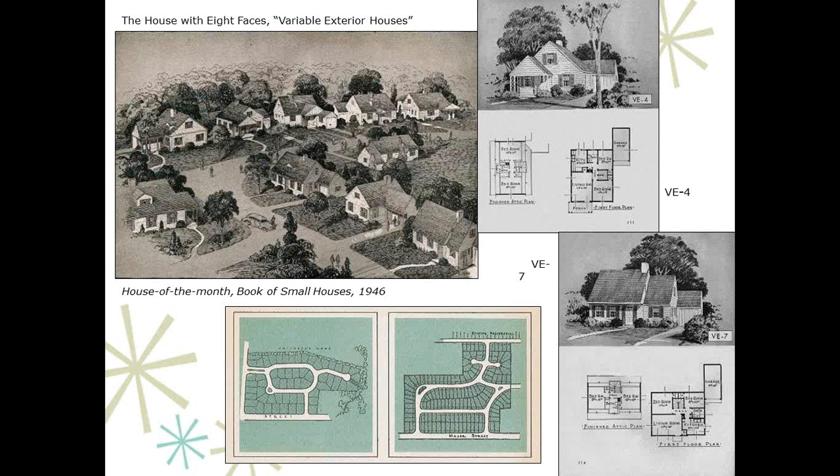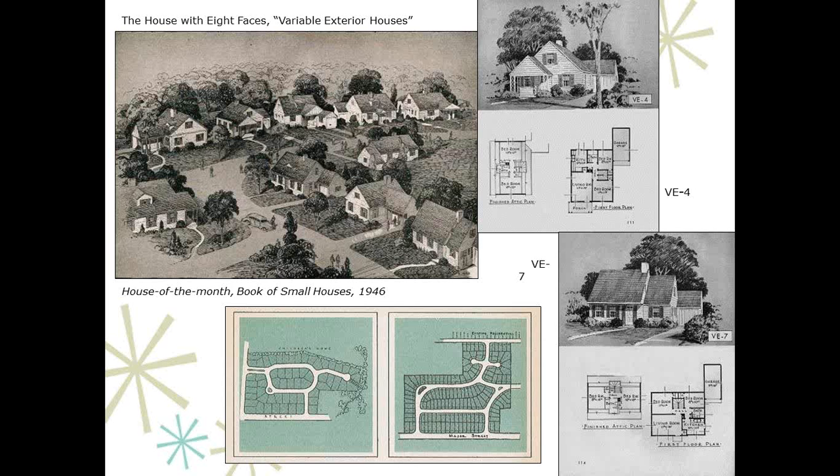Mostly, they come from plan books, which we're going to talk about a lot more a little bit later on. Plan books such as this 1946 design, House of the Month, a small book of small houses, might have been offered through banks or other lending institutions, or even through residential builders to help you pick out your house.